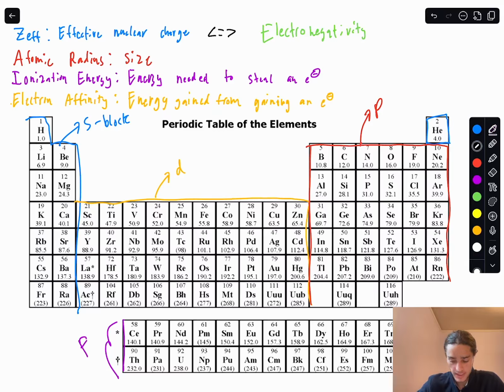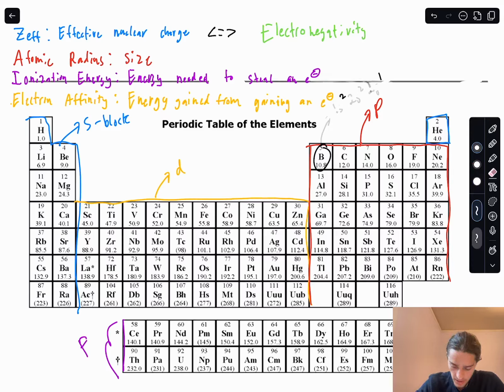For example, the electron configuration of boron, which is the very first element in the P block, is 1s2, 2s2, and then 2p1. So it ends with a p orbital. That's why they're called the SDPF blocks. Those are pretty common terms, so good to be familiar with.